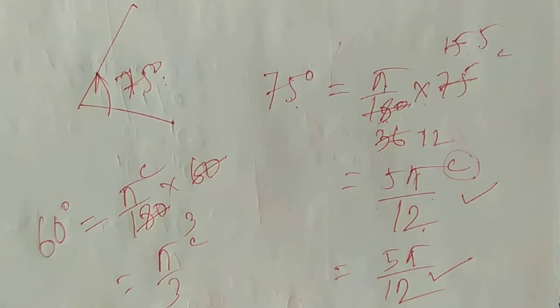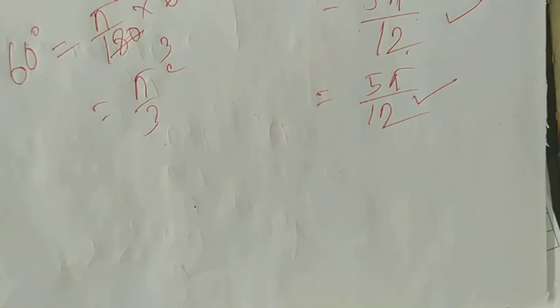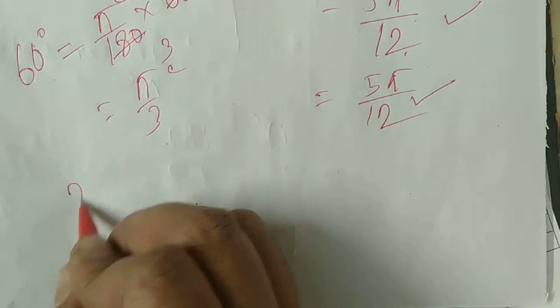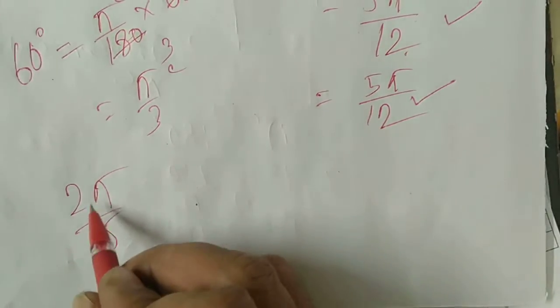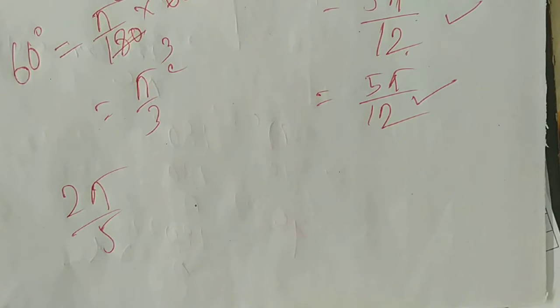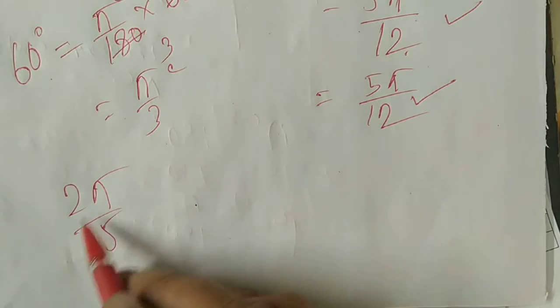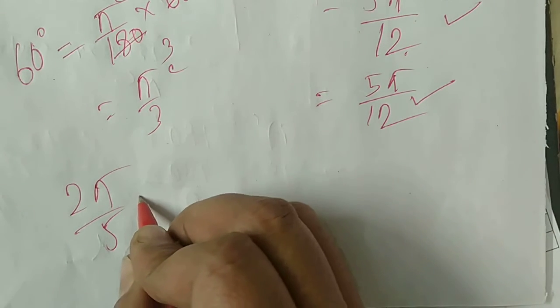Okay students, and if the circular system is given, suppose it is given that the measurement of an angle is 2 pi by 5, convert this angle to the sexagesimal system. Sexagesimal system means convert this angle into degree.